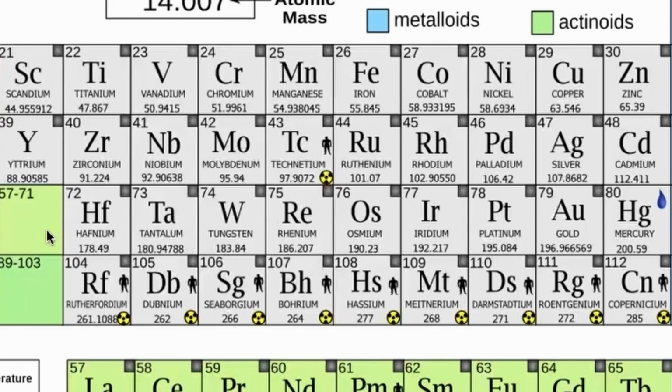We also have lutetium, hafnium, tantalum, tungsten, rhenium, osmium, iridium, platinum, gold, mercury. This is the fourth block. So what we have: lawrencium, rutherfordium, dubnium, seaborgium, bohrium, hassium, meitnerium, darmstadtium, roentgenium.